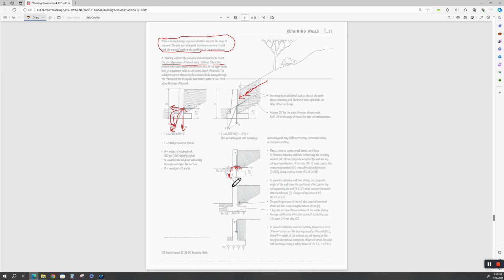It wants to overturn it. But you've also got the vertical weight on the foot, the weight of the wall, which is all combined, so that we've got this vertical load, this horizontal load, and then the overturning, rotating moment. He shows the little MO over here as the moment, but it's really over here.